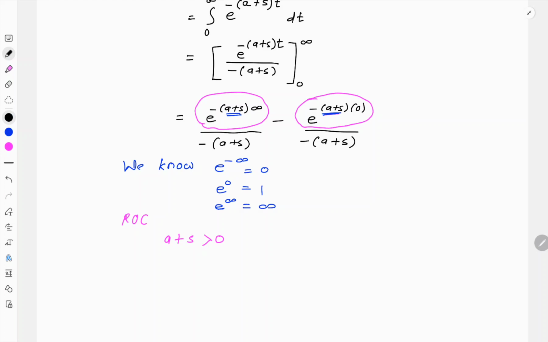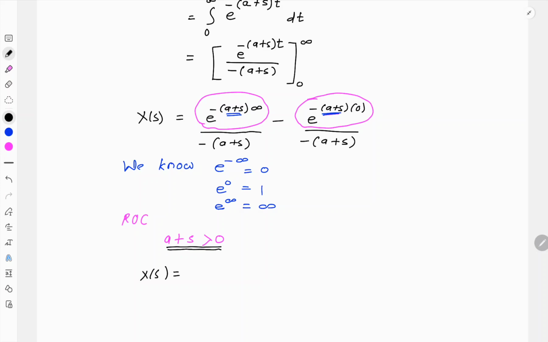So let us first find out the answer of x of s. This is our equation for x of s. Now this x of s is equal to, e raised to minus infinity is 0. So the first term becomes 0. For the first term to become 0, we have a condition that a plus s is greater than 0, and that condition is called the condition of RoC.